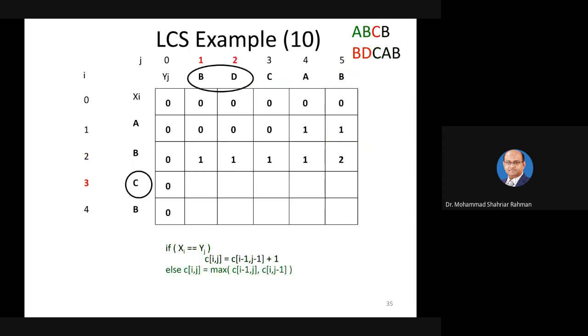For C, for BD, no match, so just carry the highest value. Then we have another match, 1 plus 1 is 2. Then again for AB, okay, compare these two. We take 2. Compare these two, we take 2.